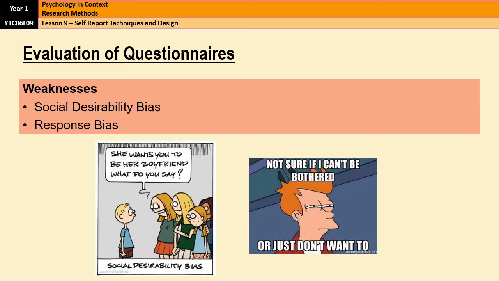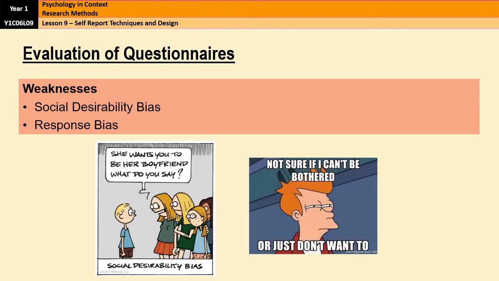You've also got what's known as a response bias as well. So a response bias means that people tend to reply in a similar way as they go through their questionnaire. So they might always tick, I don't know, the option 5, so 5, 5, 5, 5, 5 if you've got a Likert scale or a rating scale.